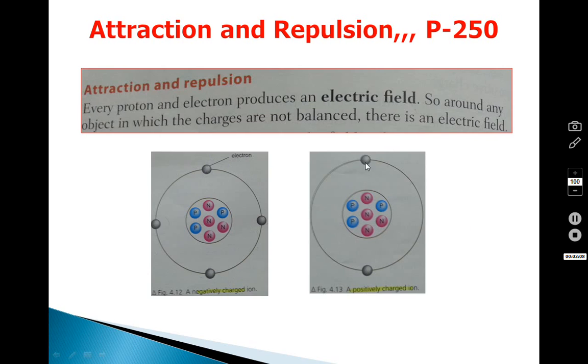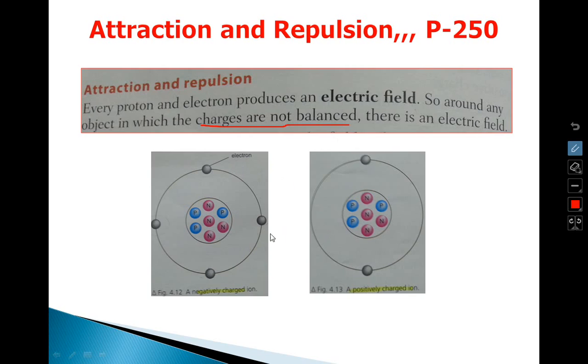Protons greater than electrons, so the charge is positive. So around any object in which the charges are not balanced, there is an electric field. There is always an electrical field around any object whose charges are not balanced.